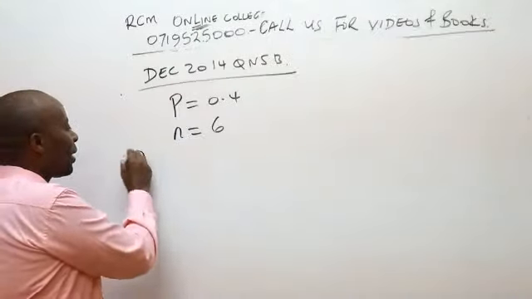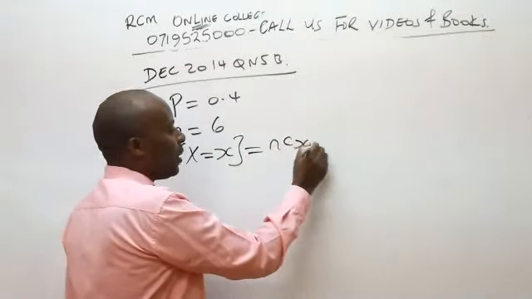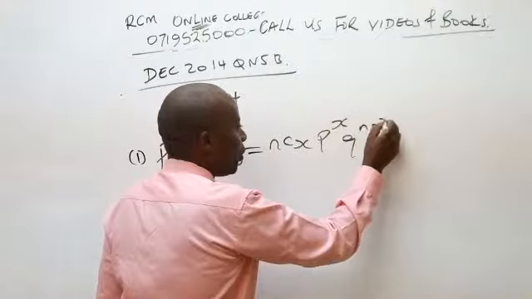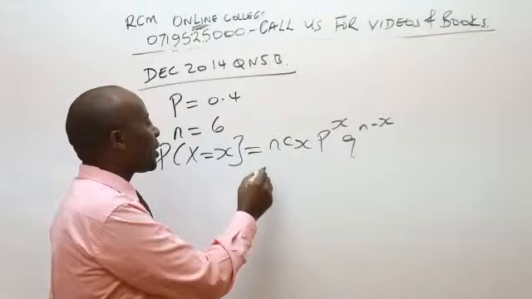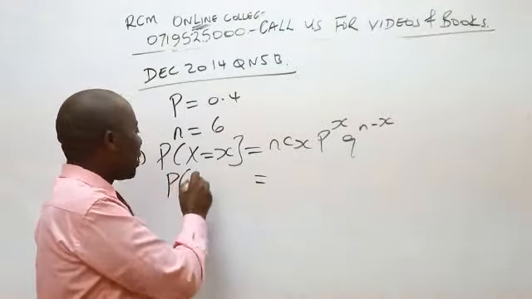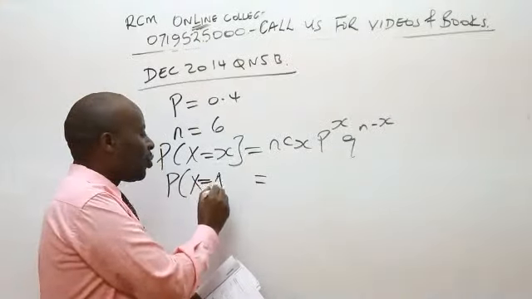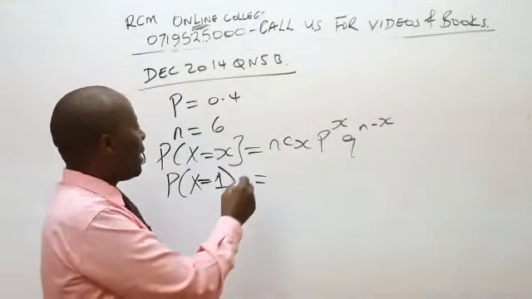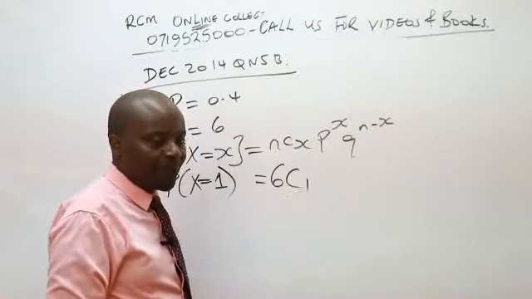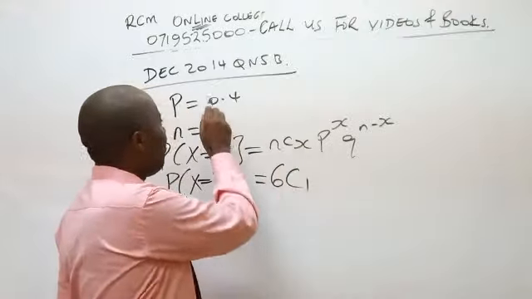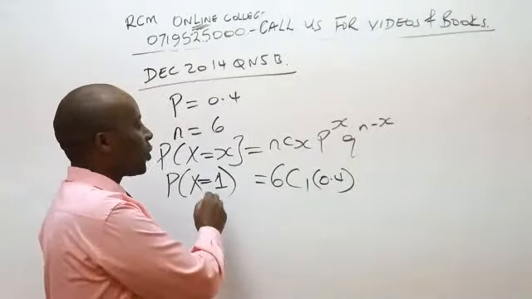So the binomial model, probability of X being equal to x, is n combinations x, p raised to x, q raised to n minus x. They want us to give the probability of X being exactly equal to 1. So our n here is 6, 6 combinations 1, P is 0.4 raised to power x, which is 1.